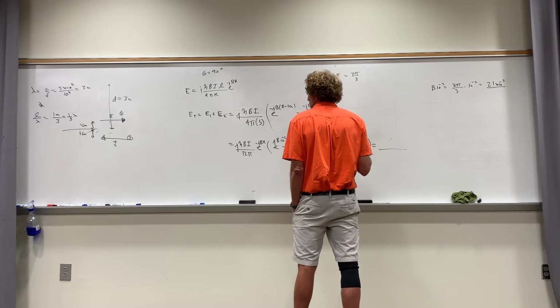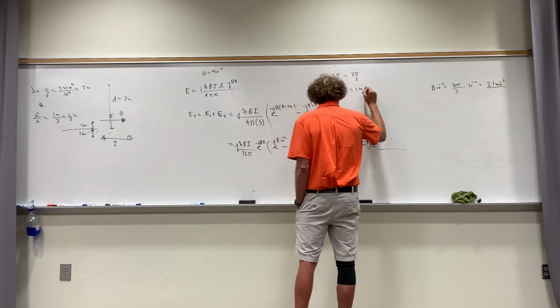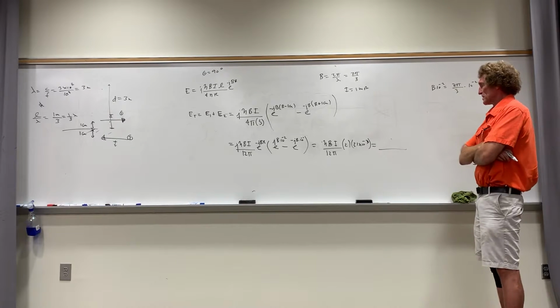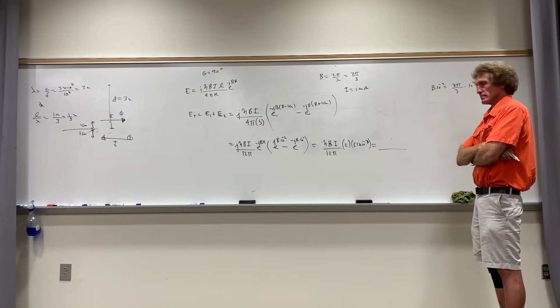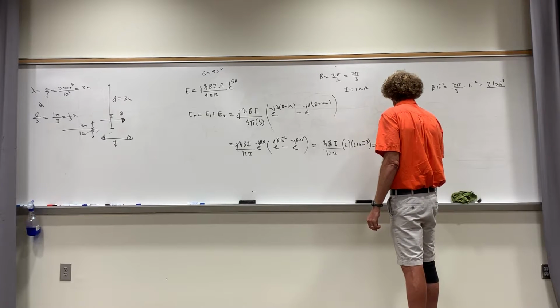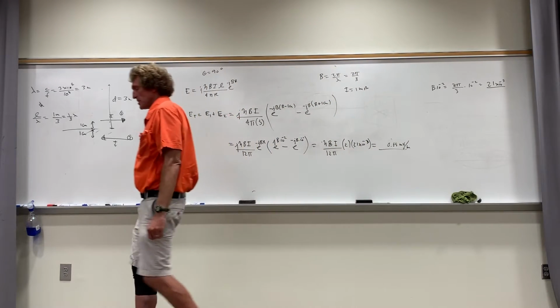I was 1 milliamp. And the rest you're going to have to run through your calculator. You got 0.88 millivolts. Is that what he has? And that's how you do that problem.